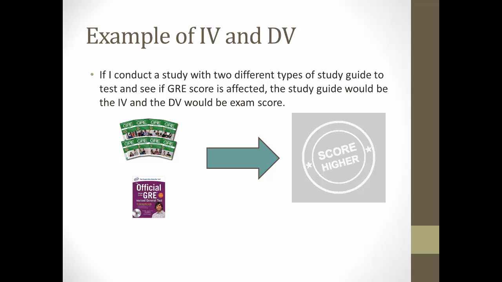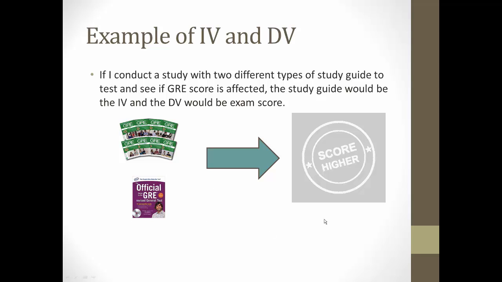Here's an example of IV and DV. If I were to conduct a study with two different types of study guide to test and see if the GRE score is affected, the study guide, I have two here, the Manhattan Prep and the ETS official study guide for the GRE. The independent variable would be the type of study guide.